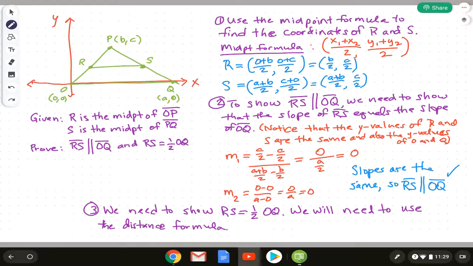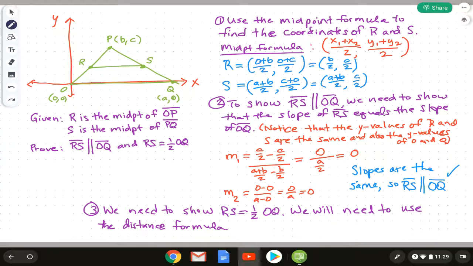Here I've drawn a triangle with O at the origin, 0, 0, and the top vertex is P, and then there's Q. I've assigned Q to be at A, 0, and P we're going to call B, C. Then we have R and S, and I've joined those two points on the triangle, and this will be a mid-segment because it's given that R is the midpoint of OP, and S is the midpoint of PQ.